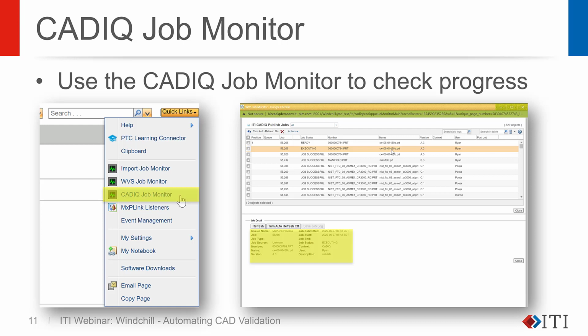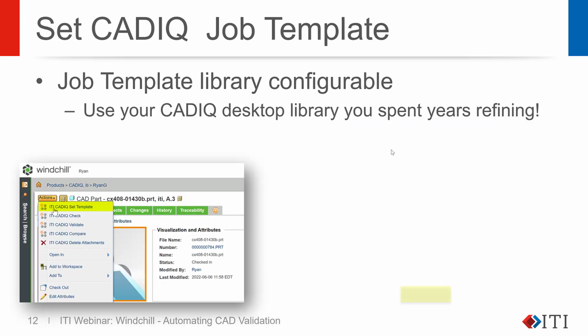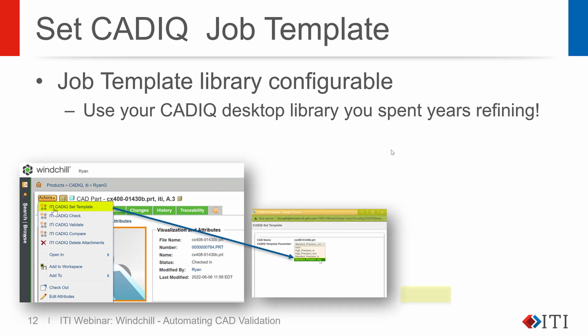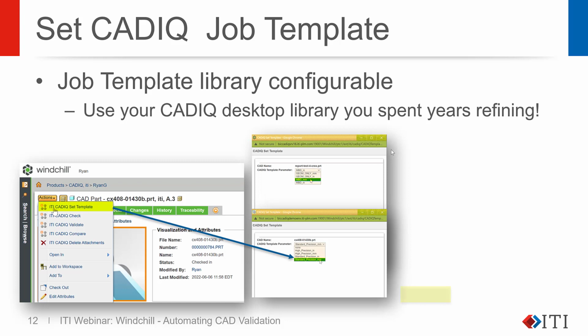So let's talk about running CADIQ interactively. So not only can it be plugged into your existing workflows, it can be run interactively. The first thing, even if you're going to plug it into your workflows, that needs to be done is to set the job template. We can leverage the job templates that we generated over the past few years, or if you're new, in the desktop environment.